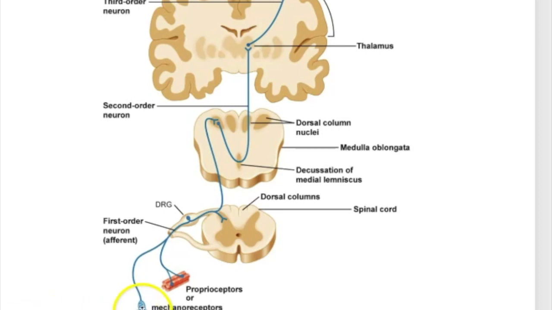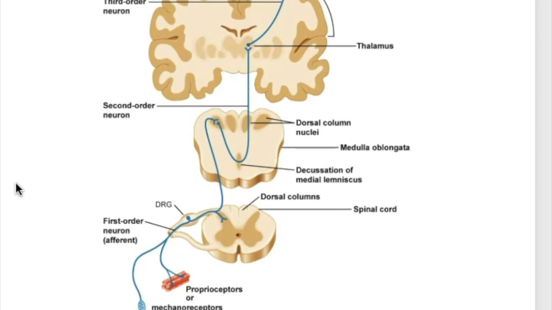In reality, there would be multiple copies of this thread, all bundled together to create a nerve in the peripheral nervous system and a tract in the central nervous system. But we've pulled one thread off of that rope.